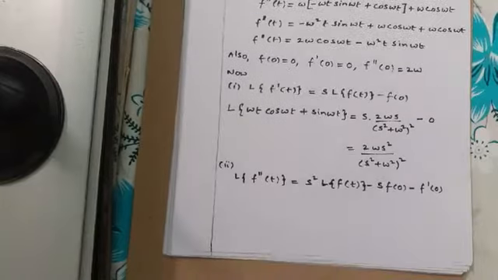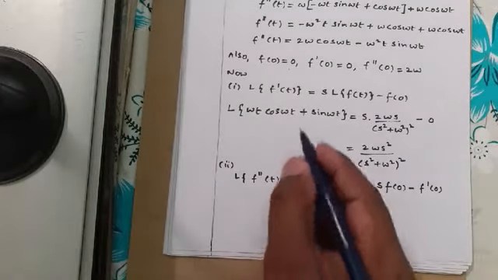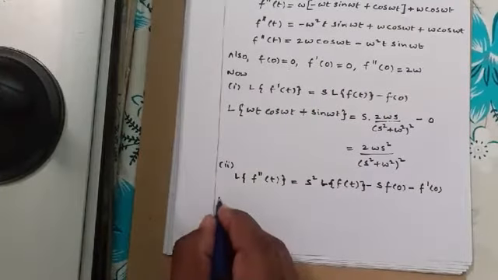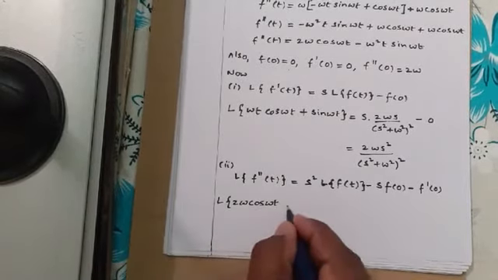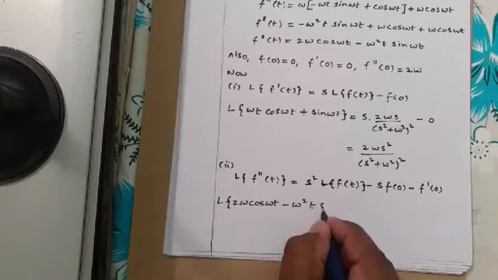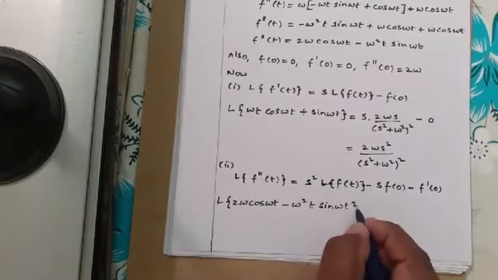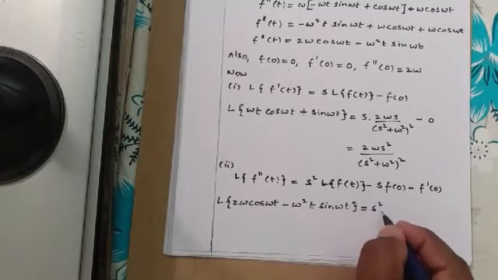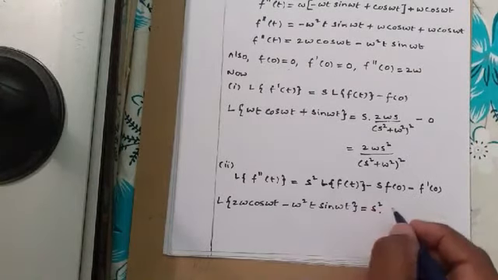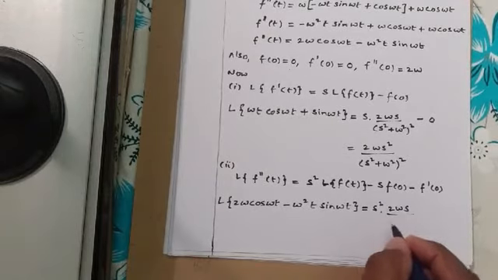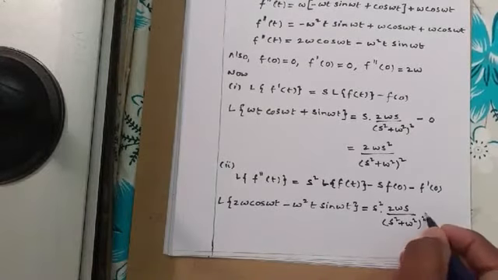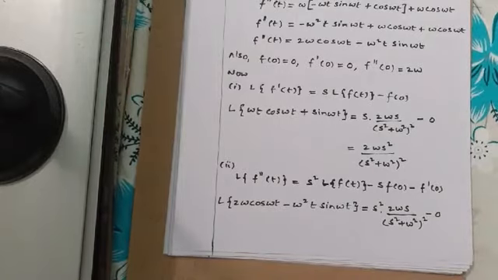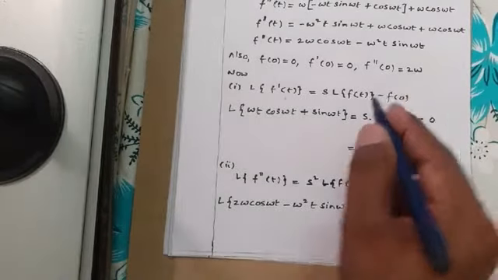Now when you substitute Laplace of f double dash of t, which we got here, I write Laplace of 2 omega cos omega t minus omega square t sine omega t is equal to s square times Laplace of f of t, which is given as 2 omega s upon s square plus omega square whole square, minus s into f of 0, which is s into 0, minus f dash of 0, which is 0.